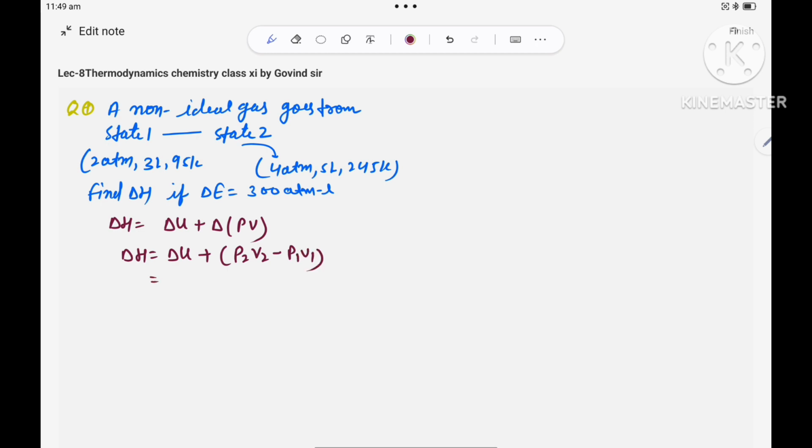Delta U, that is delta E also, is 300, plus P2 V2, which is 4 times 5 is 20, minus P1 V1, 2 times 3 is 6. So it is 300 plus 14. So it will be 314 atm liter. That will be your answer.